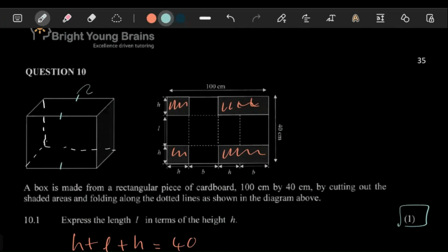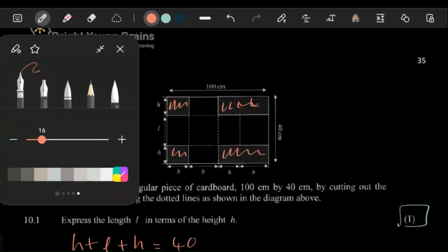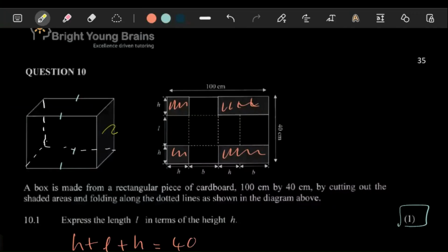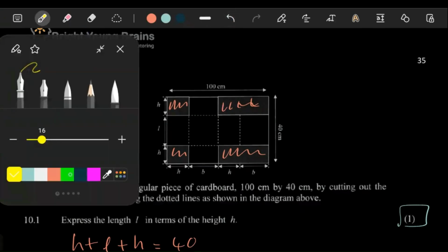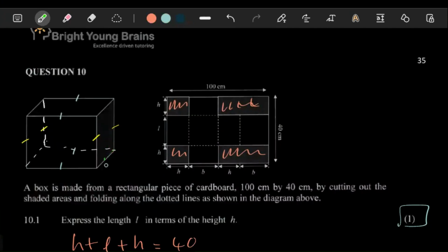But this line is equal to that one, and that one, and that one. So all 4 share the same length. Secondly, let me put them in yellow, these 4 are the same. And then lastly, you have these 4 being the same. So you want to find those 3 lengths in here, and then you just multiply them all together.